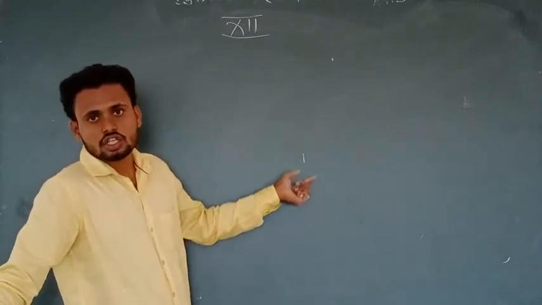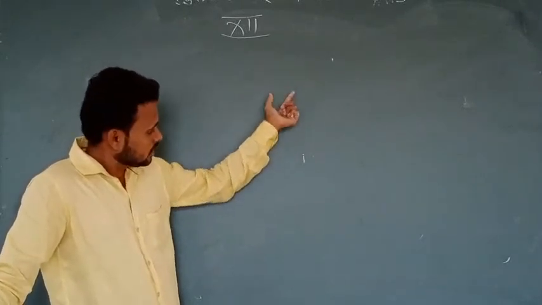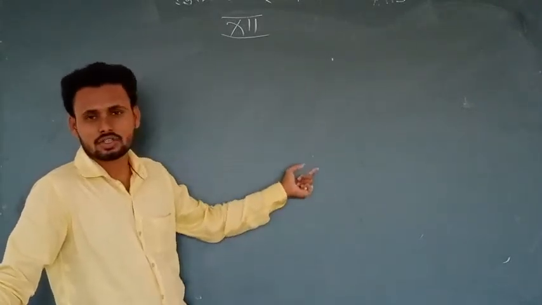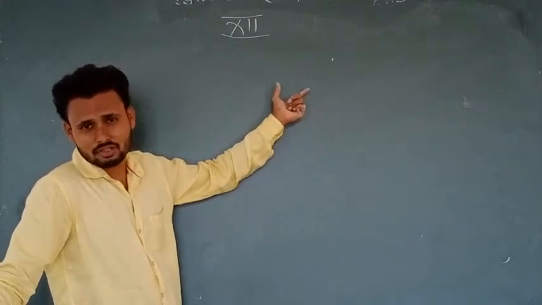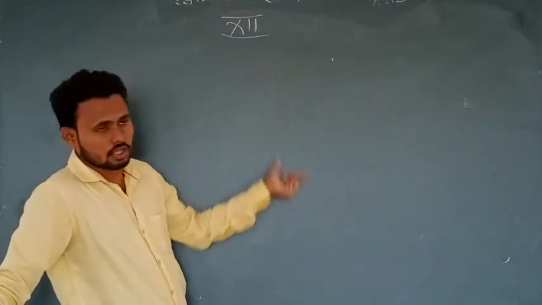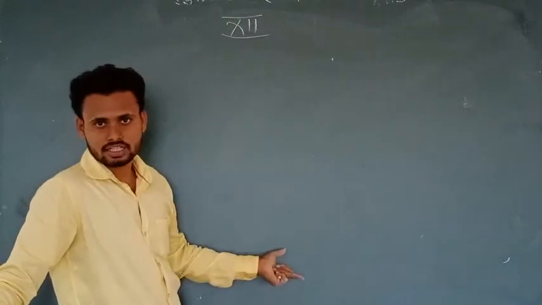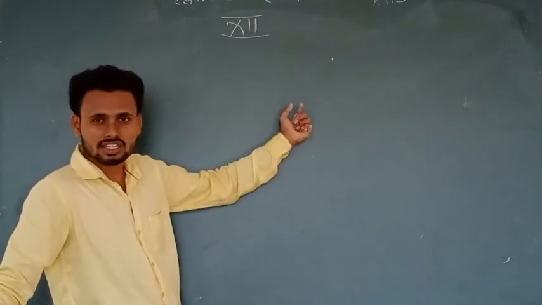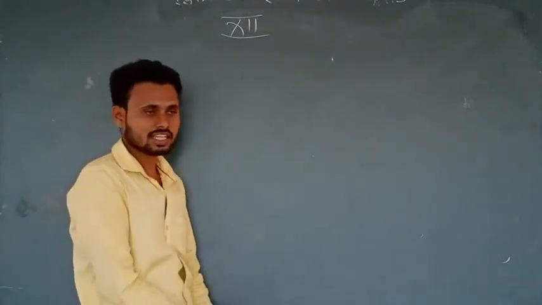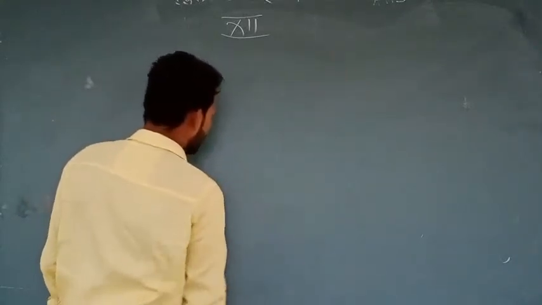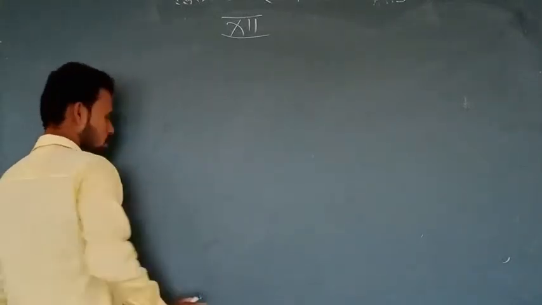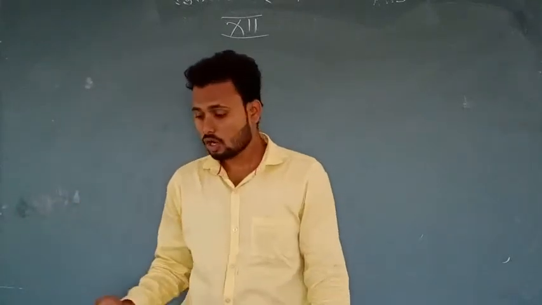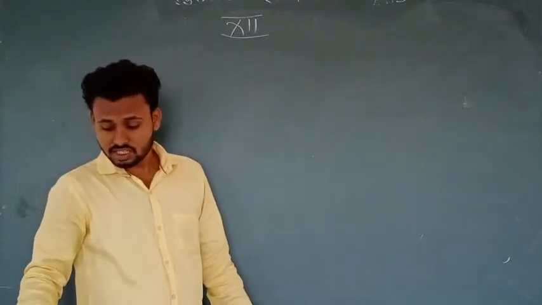You will have to read these laws, a table is given on page number 21. You have to memorize those laws, and based on these laws we are going to solve our next example.